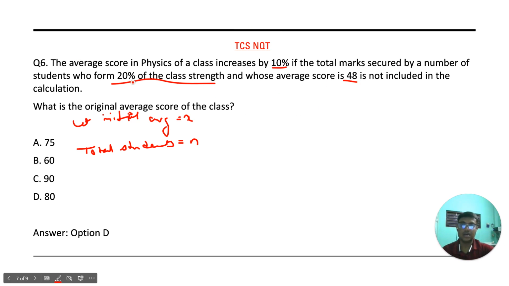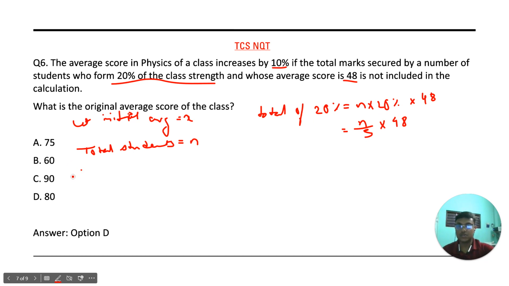Thus, the total marks of 20% students comes out to be n into 20% into 48, which is equivalent to, if you know, 20% is equivalent to 1 by 5. So n by 5 into 48.